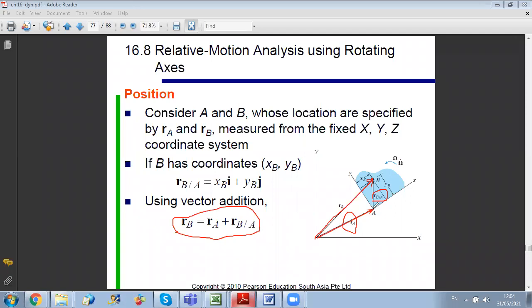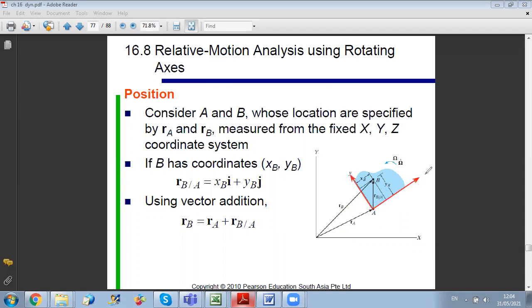So to do the analysis, we will decompose each vector into its components. Vector AB is in which frame? I can consider that vector AB represents the relative position of B with respect to A in frame small x, small y.